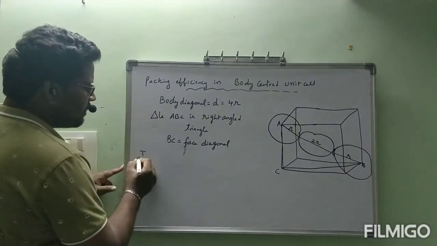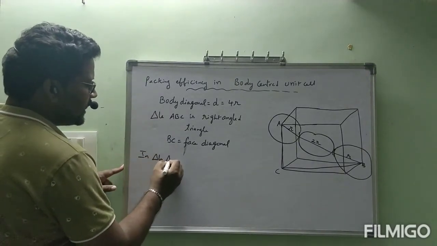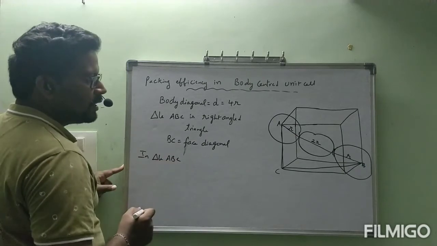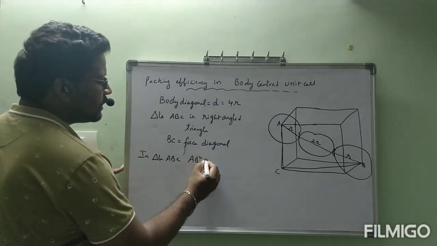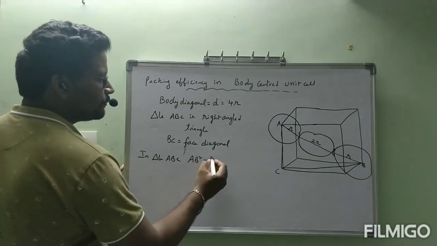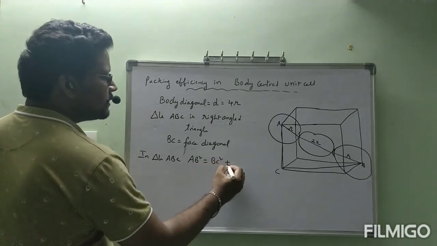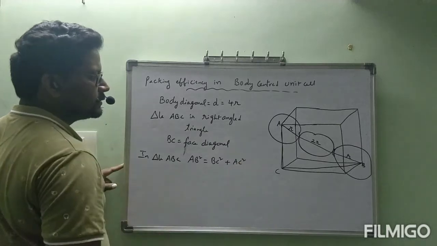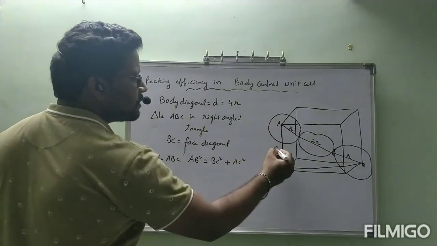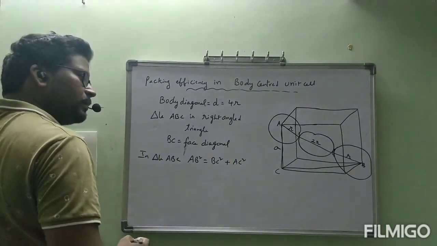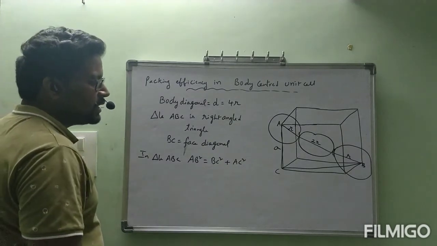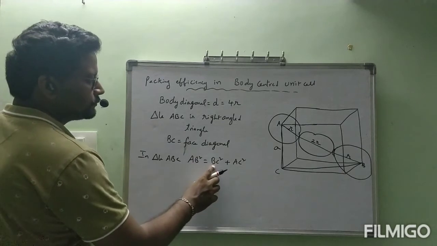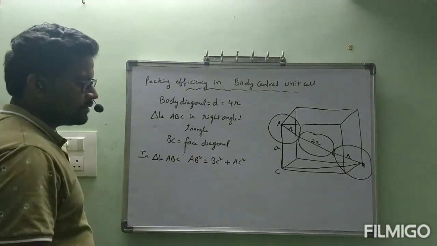In triangle ABC, AB is the hypotenuse. So hypotenuse square, AB square, is equal to BC square plus AC square, where AC is nothing but small a.